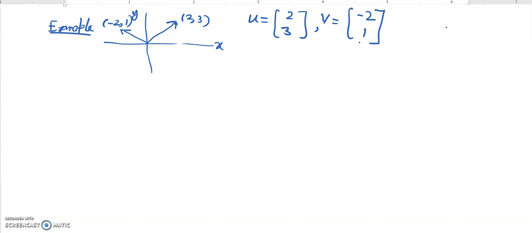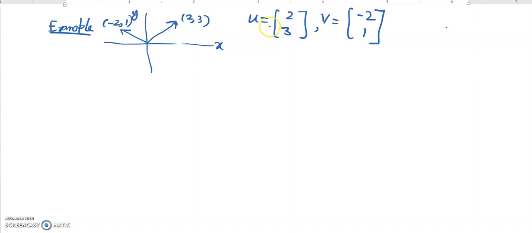So then, can we have the basis of these vectors? The answer is yes. If you take this vector v, it cannot be obtained from u, because these are two independent vectors.